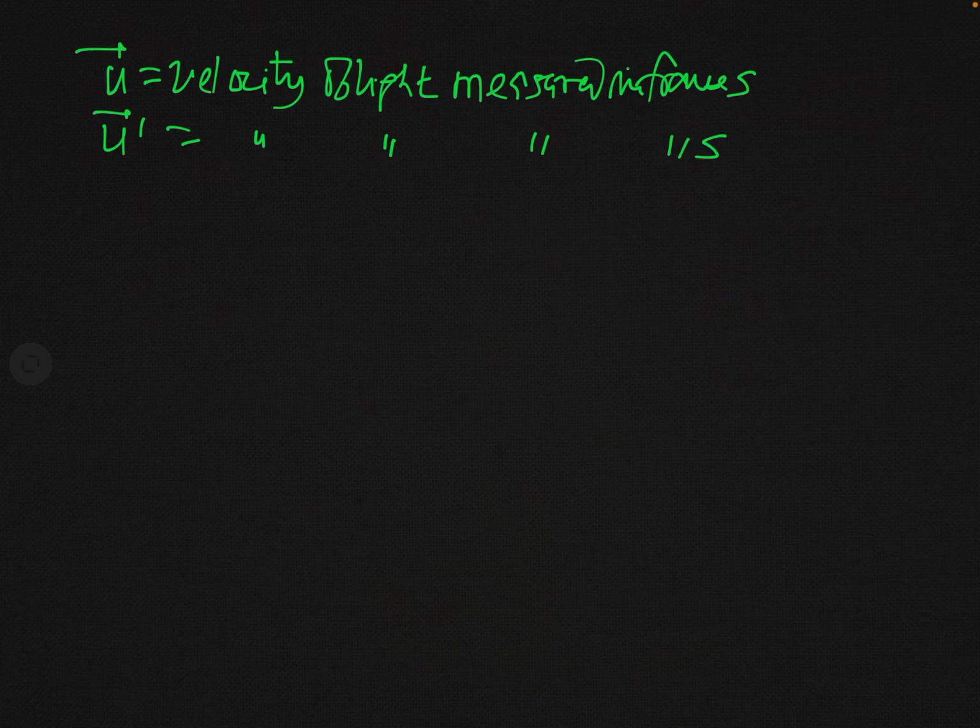So you should note that u is the velocity of light measured in frame S, and u prime is the velocity of light measured in frame S prime.